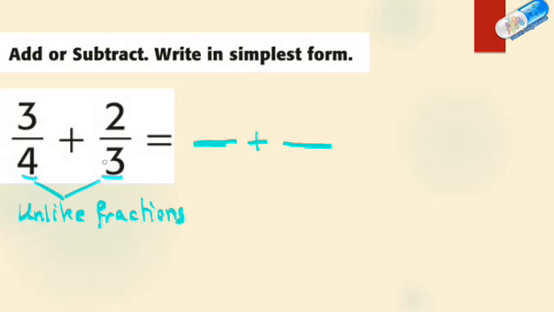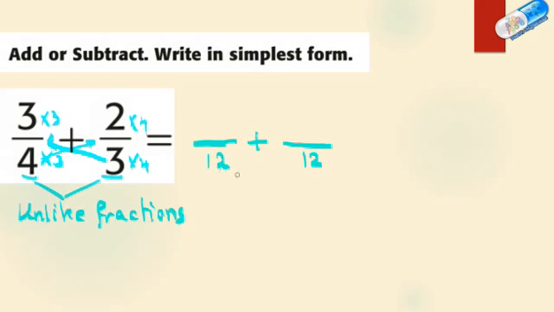So in this case, we get the denominator of the second fraction, 3, and we multiply the first fraction up and down by it. And we take the 4 and we multiply the second fraction up and down by it. Now look at the new denominators here. 4 multiplied by 3 is 12, and 3 multiplied by 4 is also 12.